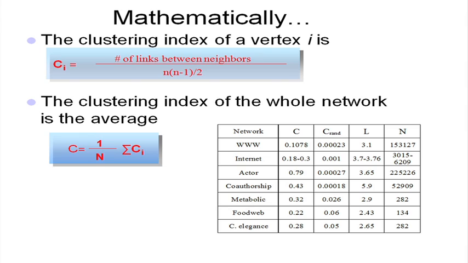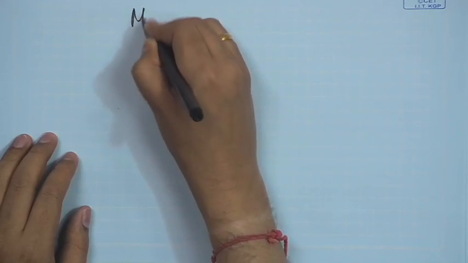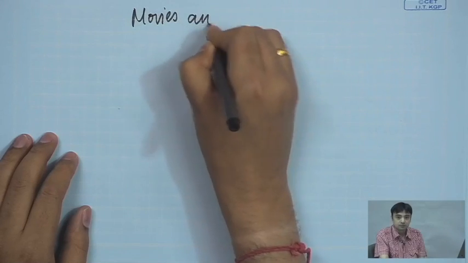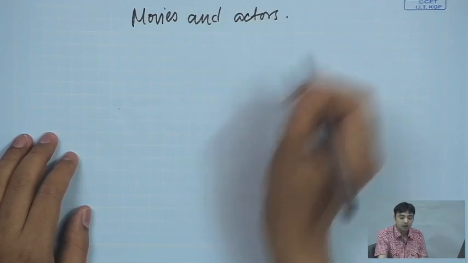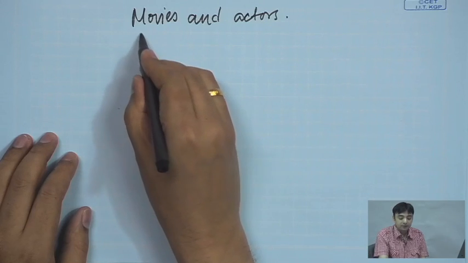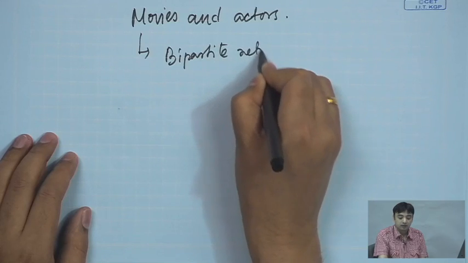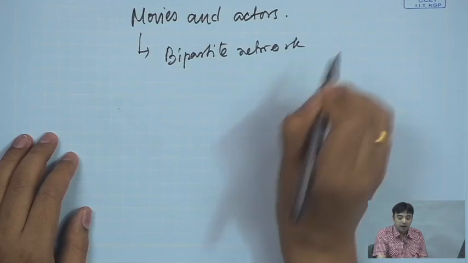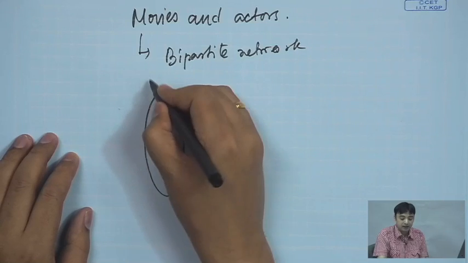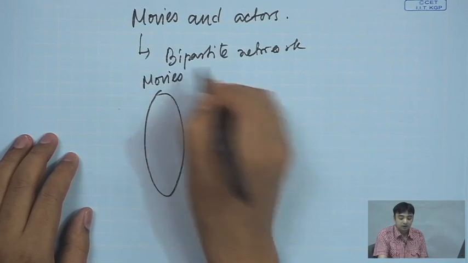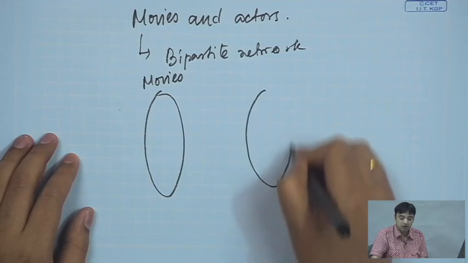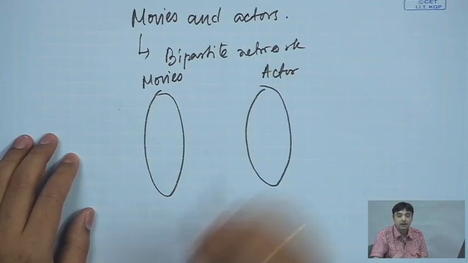Since this is an interesting example, I would like to take it up and discuss it a bit more. This example draws from the complex system of movies and actors. First of all, you conceive of a bipartite network, where one partition is the movie nodes and the other partition is the actor nodes.